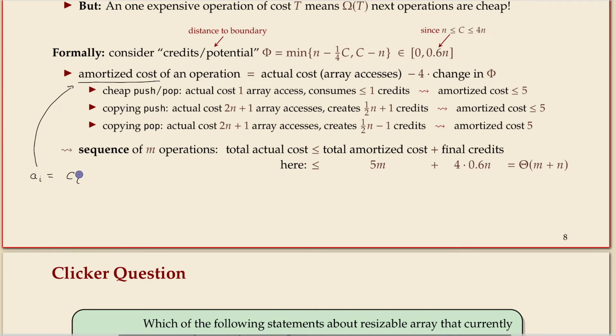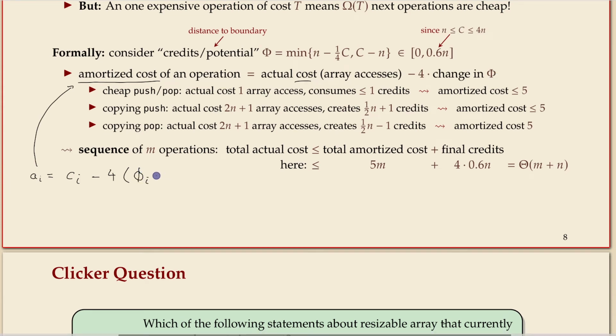And it has an actual cost, that's c_i, C for cost. And we subtract 4 times the change in potential, okay? So we need a notation for this phi at a certain point in time.